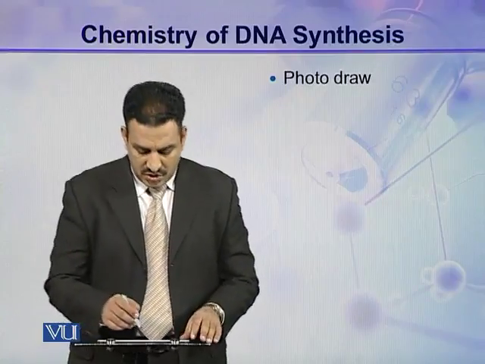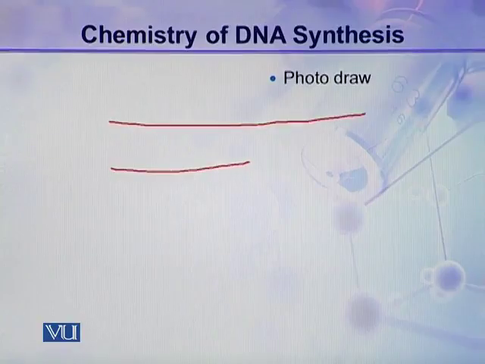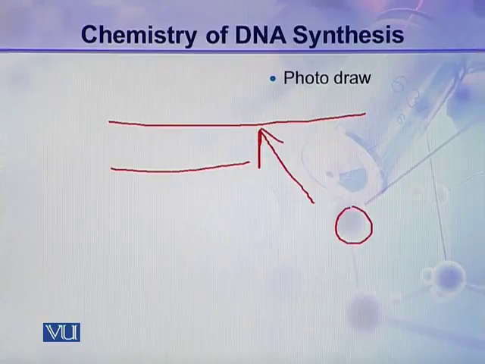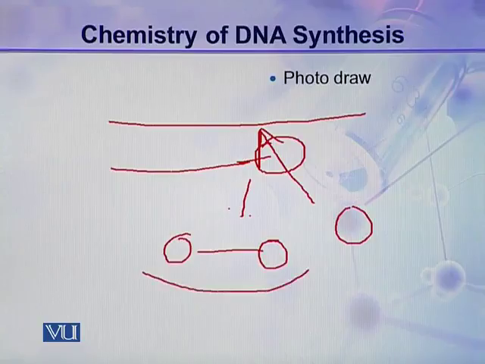As you can see, this is a primer template junction, and when a nucleotide triphosphate comes here, it is added to the 3' side of the primer, and two phosphates, which are a pyrophosphate, this whole molecule is pyrophosphate, are released.